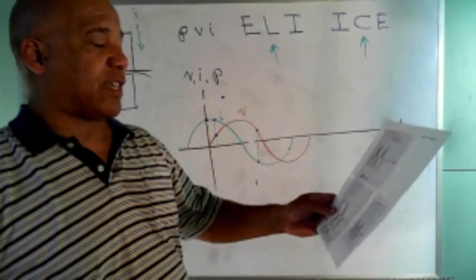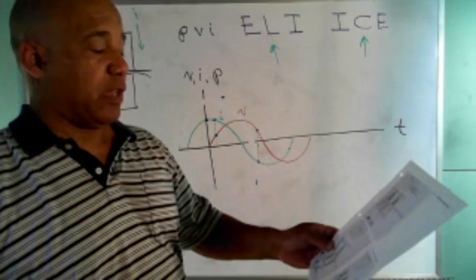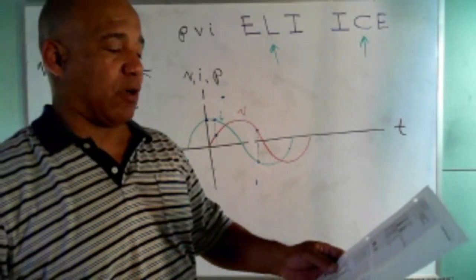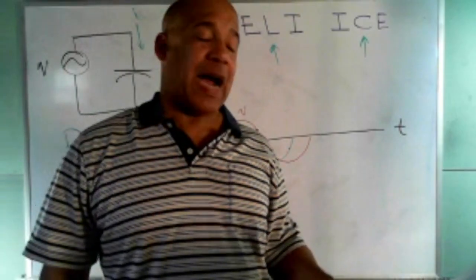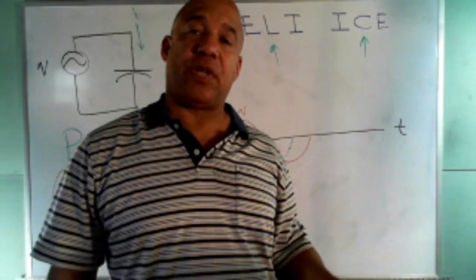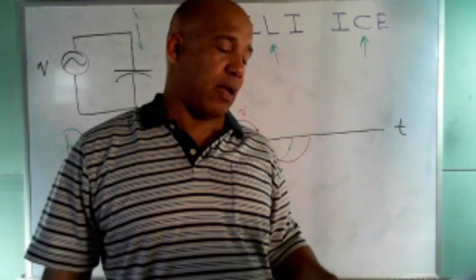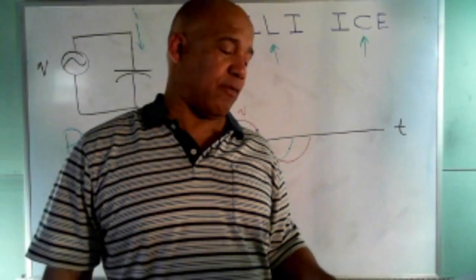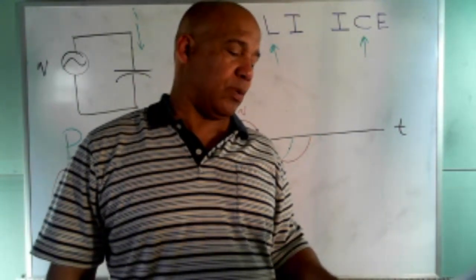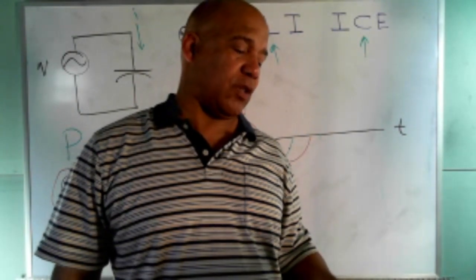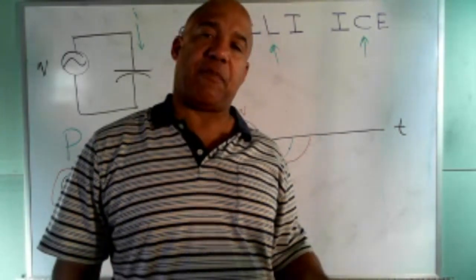The first half cycle of the power curve, the shaded gray area, that's positive power because all the values of voltage and all the values of current are positive values. So it's basically from 0 to 90 degrees of the voltage or current curve, those are all positive values you get for power.